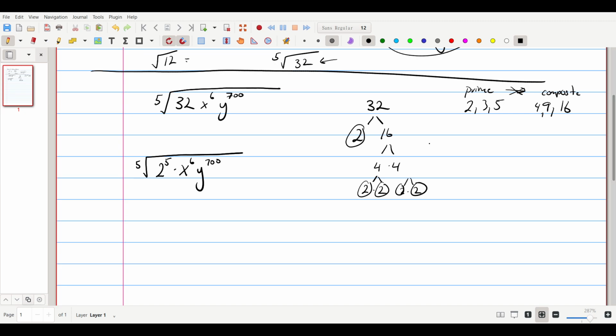Okay? So how are we going to attack this problem? Well, now that we've got everything into this form where it's one thing to a power times one thing to a power times one thing to a power, we can use this strategy. When we have variables to a power, they're the easy ones.